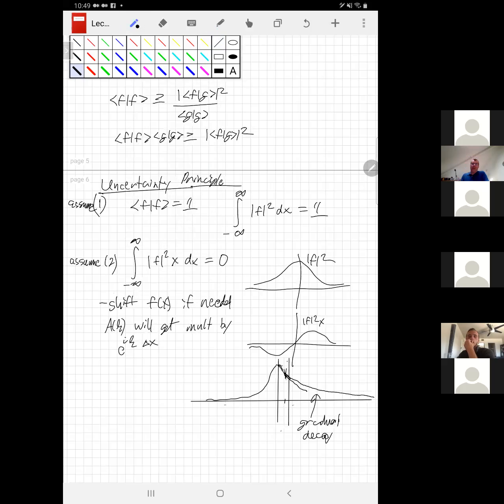Okay, so we multiply a of k by this phase factor, but what happens to the absolute value of a of k squared? You just get a power spectrum? Well, that's the definition of a of k squared, but my question is, how does the power spectrum change if I multiply a of k by e to the i k delta x?